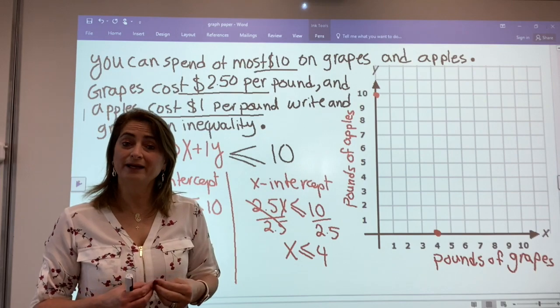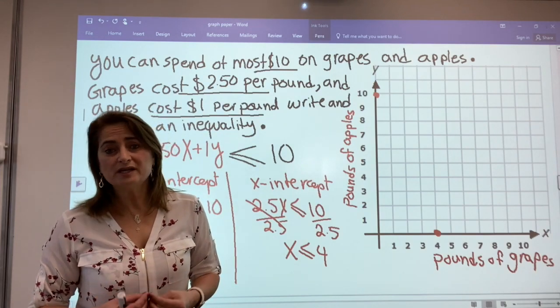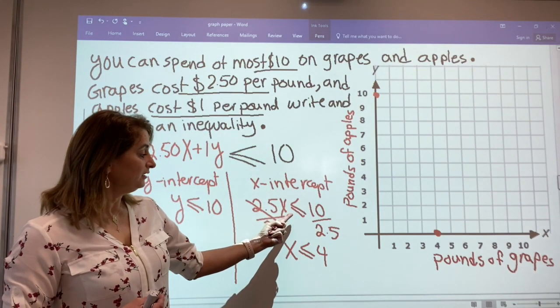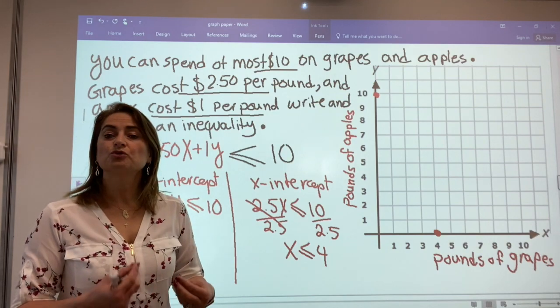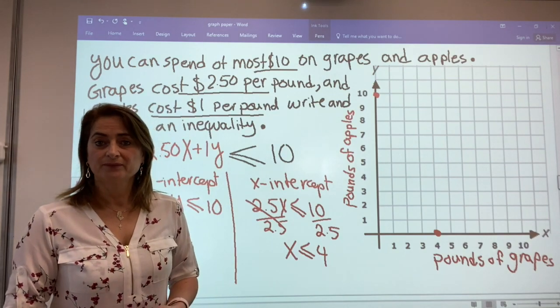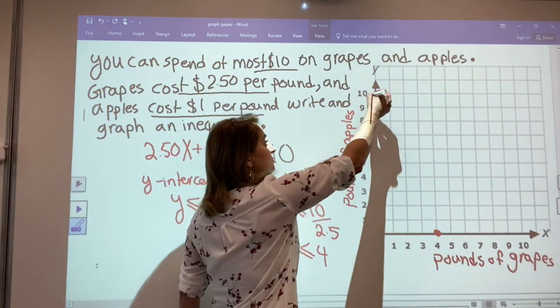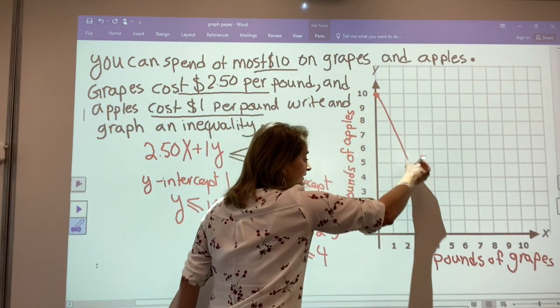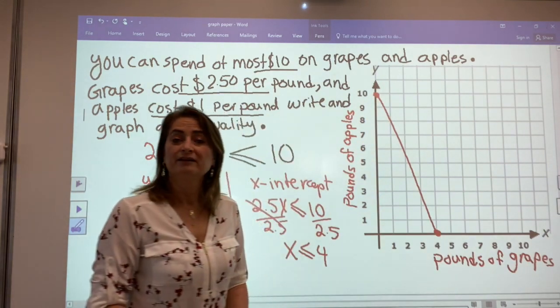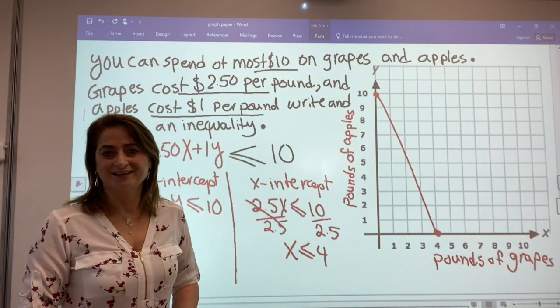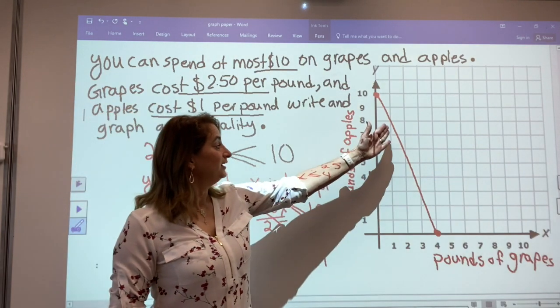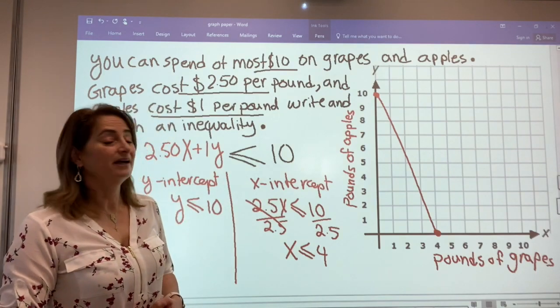Now, is my line dashed or solid? Since you have an equal sign with the inequality, to graph it, you need a solid line. So connect the two dots with a straight line. So my boundary line would be solid to include all possible solutions that are on the line.